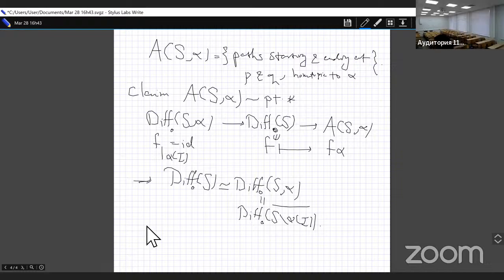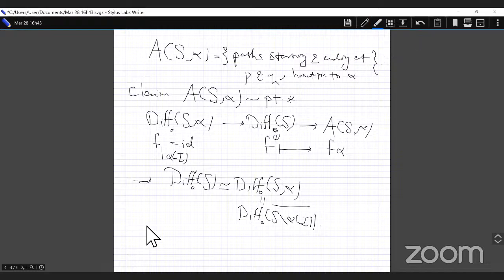But then don't we want the diffeomorphism to be the identity in a neighborhood of alpha? Is it really enough that it's just along the points of alpha?